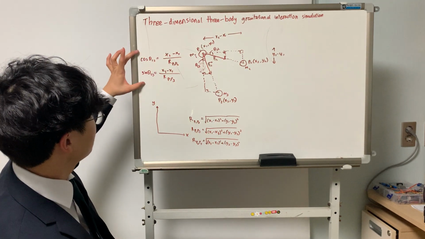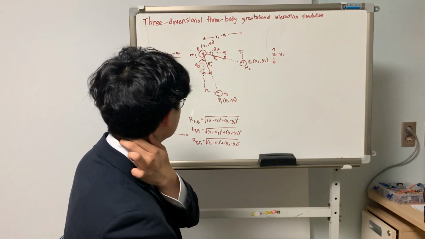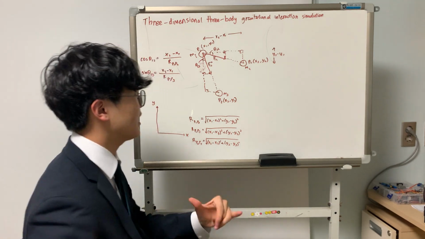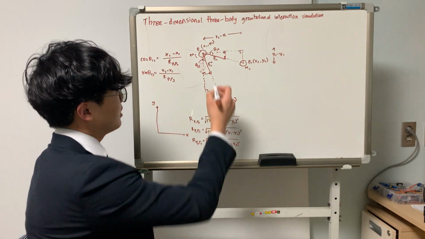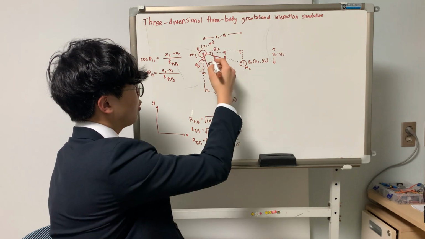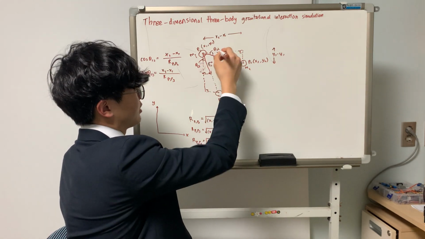So we have these two cosine and sine values. And the reason I did this is because first of all, I'm going to look at the forces in the x direction. And so the x component of this force is going to be F12 times cosine of theta 1, 2, because it's the adjacent side we're talking about here.